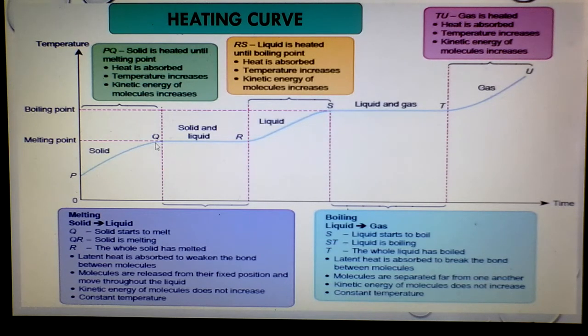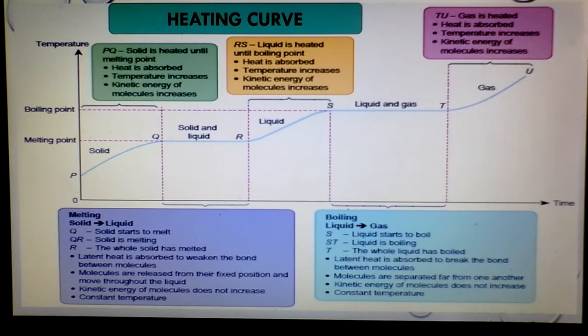So PQ is the solid state. The heat is absorbed by the solid to increase its temperature, or the kinetic energy of the molecules increases. For PQ, you can see there is a change in temperature, there's no change in phase. So the name of the heat required here, we call it heat capacity. You will still remember the formula that we discussed in 4.2, Q equals mc delta theta.